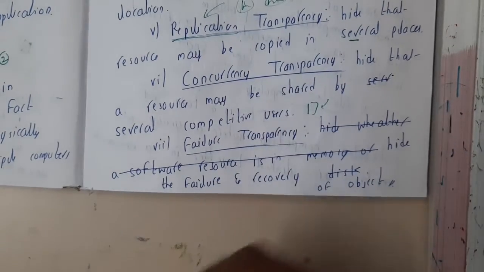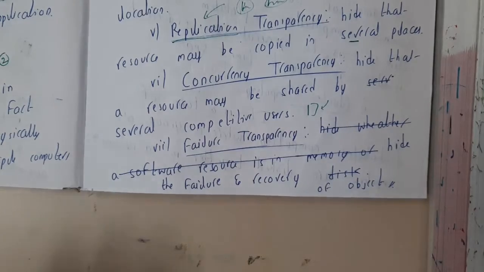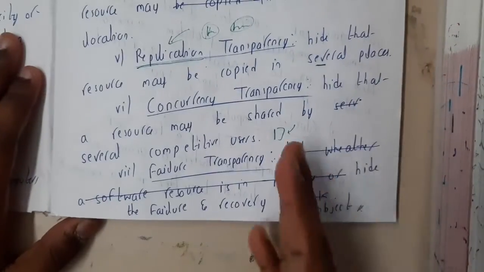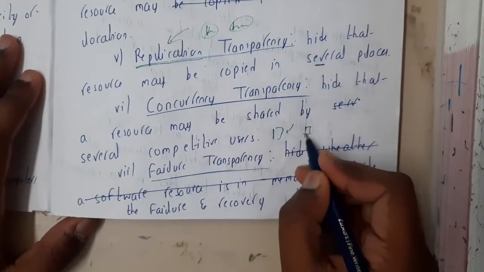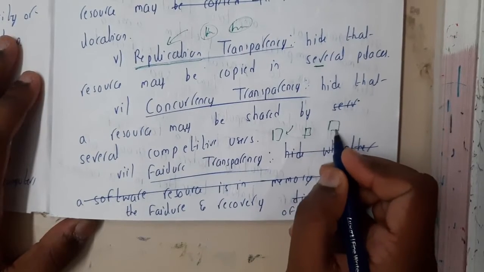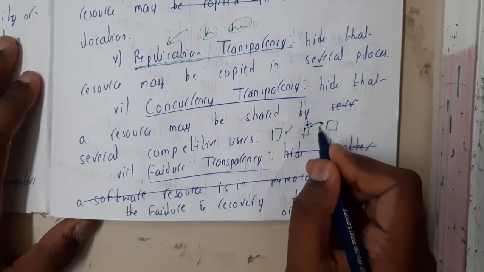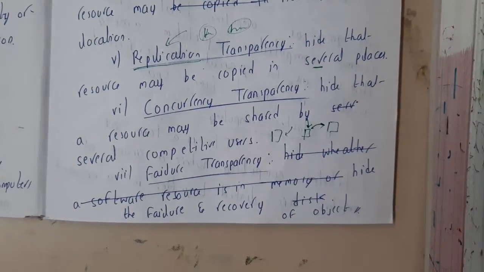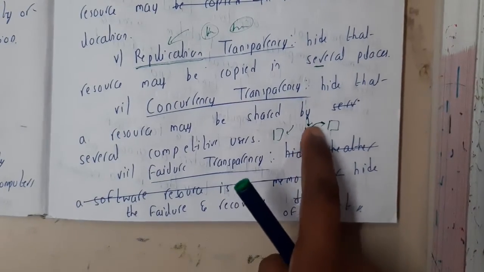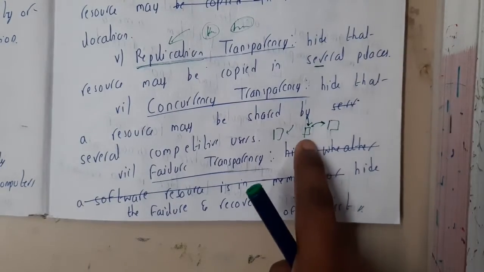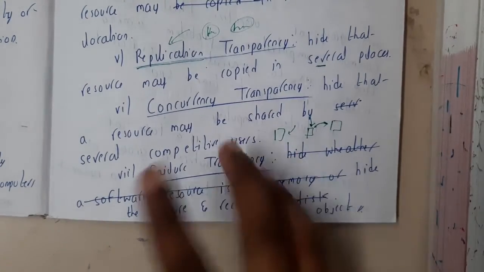Even the recovery process will be hidden. Sometimes the load will also be shared. Assume that the server in India has crashed and the US server is working fine. In that situation, whoever is requesting from India will be automatically redirected to the US server and will get the response. No one will know that the server is down. They are hiding the failures. So in that way it will be working, guys.